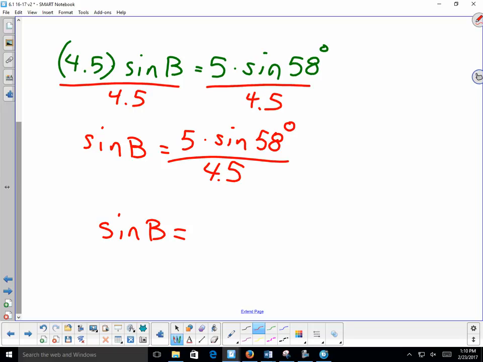And so in this case, we're getting sine of angle B is what, Josh? 0.826. Do people agree with that? Some people say 0.942. All right, let's try this. So we're doing 5 times sine of 58.